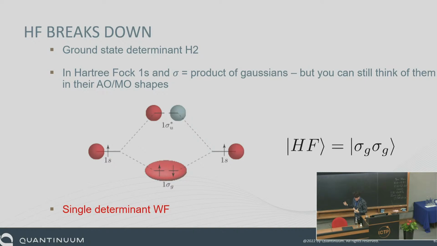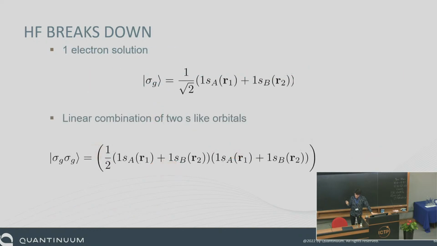If we think about the ground state, the single determinant wave function of H2, we have 2 spin orbitals: one sigma G solution times another sigma G solution. The sigma G ground state, as we showed before, has s orbital-like character. It's a positive interaction of two s orbitals.